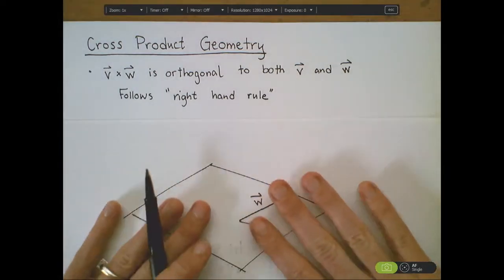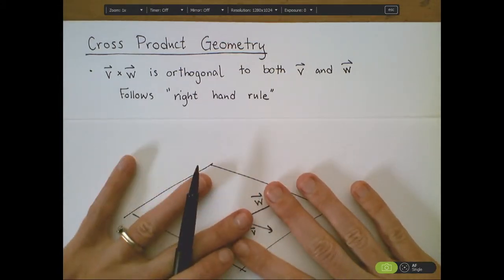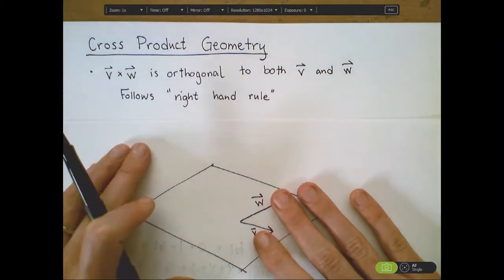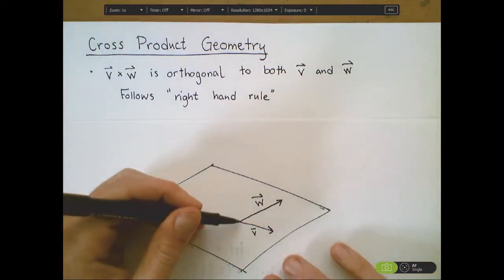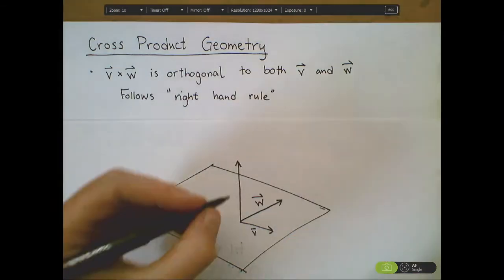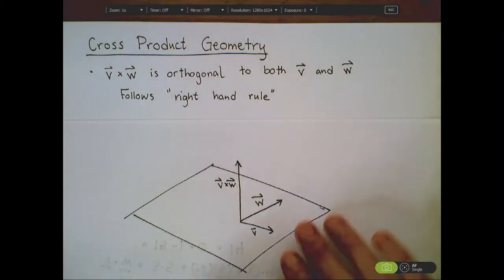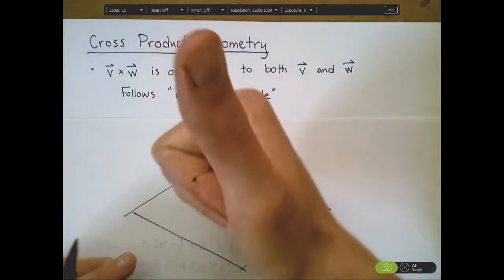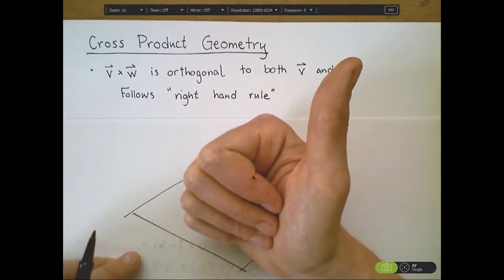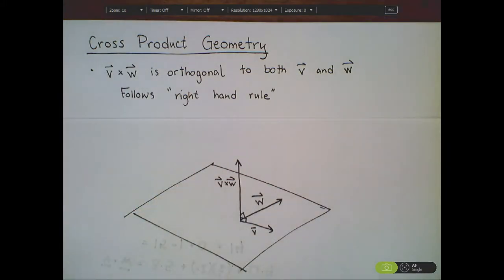So picture this as a flat sheet, and both these vectors are lying on this flat sheet. The new vector that results from this cross product is going to stick outwards perpendicularly. And this is my new vector v crossed with w. So I'm thinking of this flat sheet, and this new vector is popping up out of it. You can't really see 3 dimensions on this video, but we'll try. It's perpendicular to both the vector w and to the vector v.